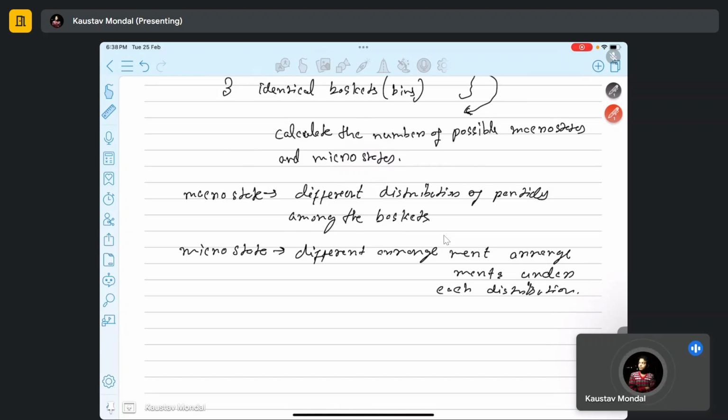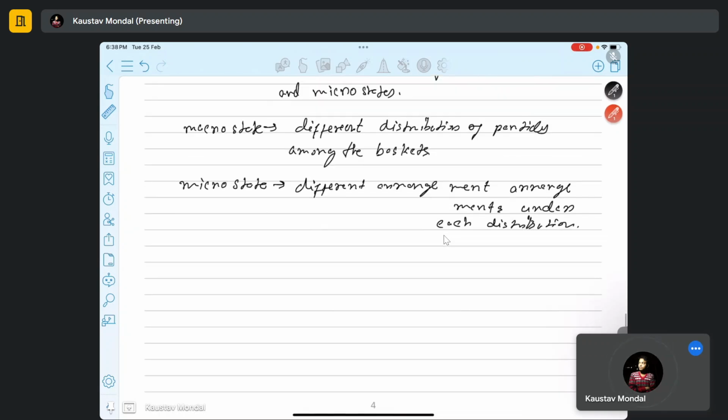First, you will calculate the macrostates.